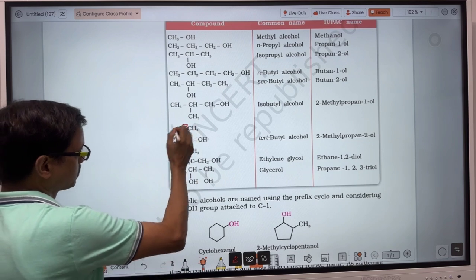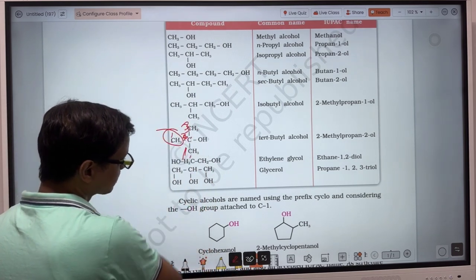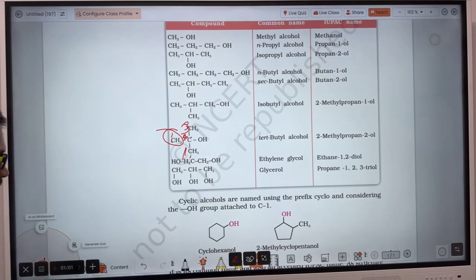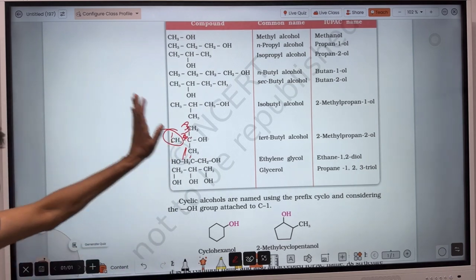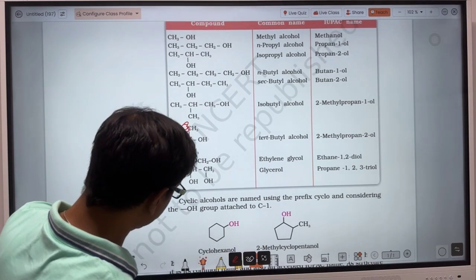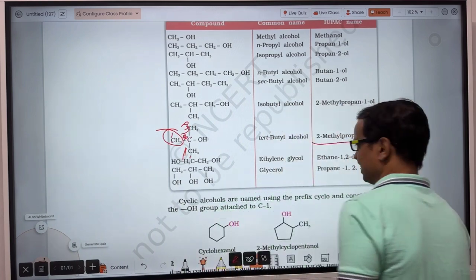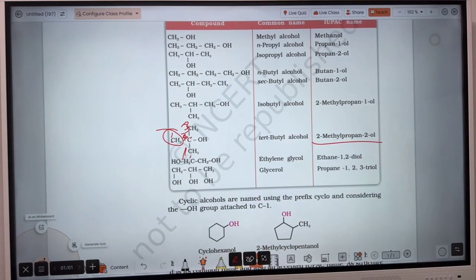So when you write 1, 2, 3, the other one acts as a substituent. The substituent methyl is at the second position and OH is also at the second position. So we write 2-methyl propane 2-ol.